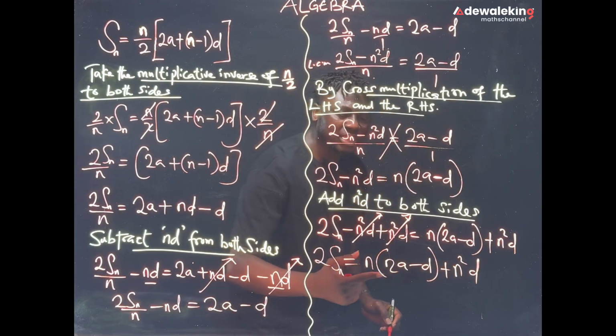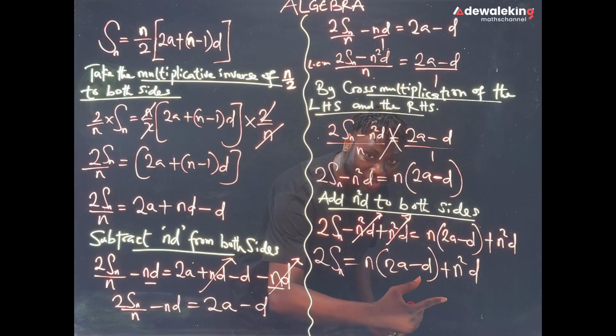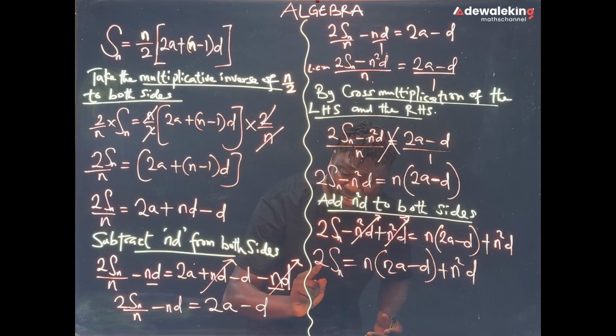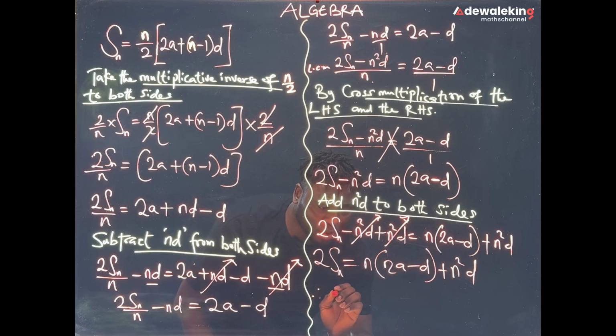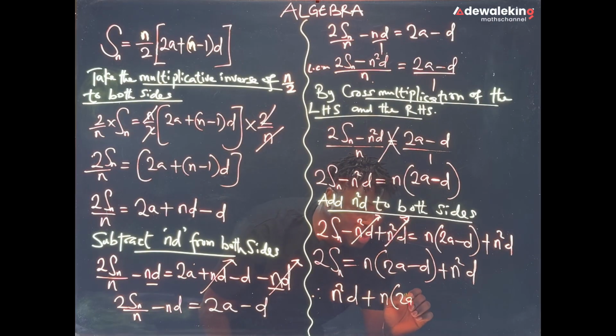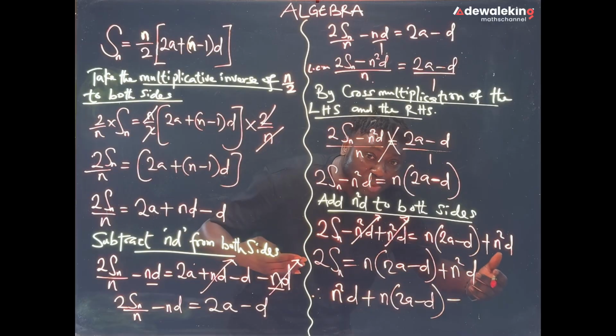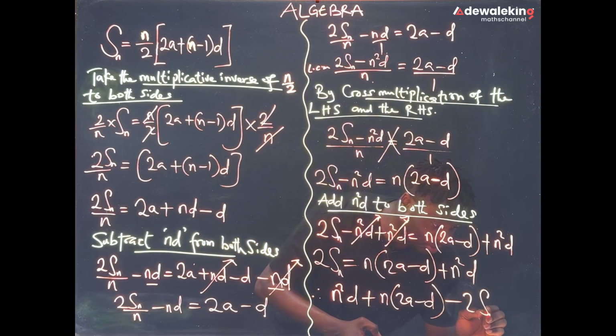Now we have a new equation. We can as well bring this to the side as thus. So this will give us n squared d plus n bracket 2a minus d. When this comes here, that is by subtracting 2S subscript n from both sides, we have this to be 2S subscript n.